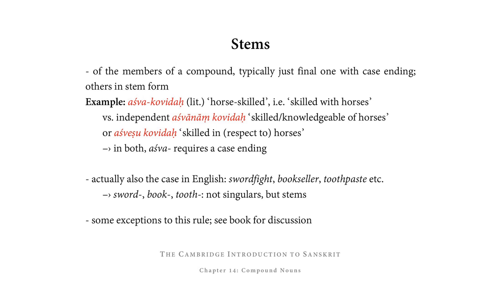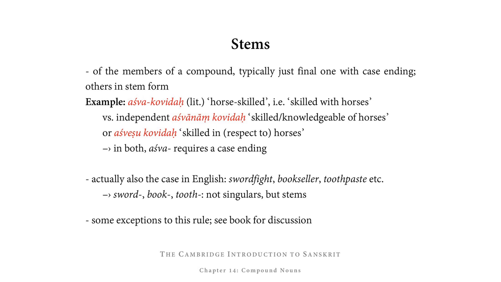So for example, the compound Ashwa Kovidach, which literally means horse-skilled or skilled with horses, consists of the elements Ashwa, meaning horse, and Kovidach, meaning knowledgeable or skilled. Kovidach, the final member of this compound, does indeed have an ending. In this case, we've got it in the nominative singular masculine. But Ashwa, the first member of this compound, stands in just the stem form. This is typical of Sanskrit compounds.